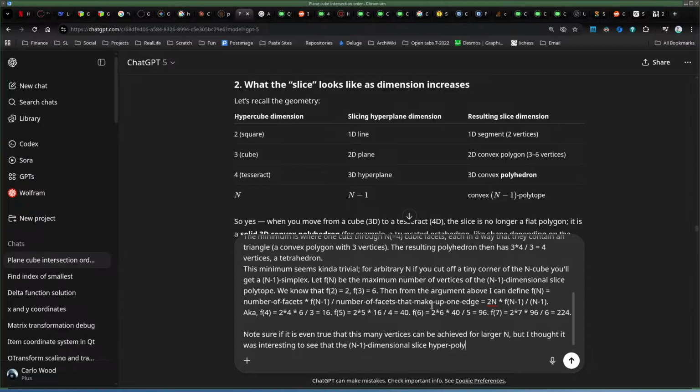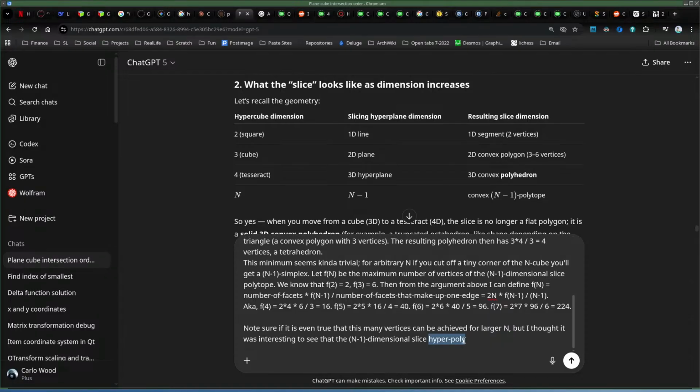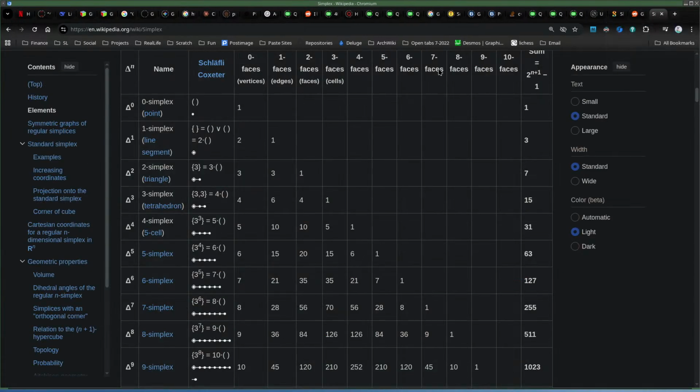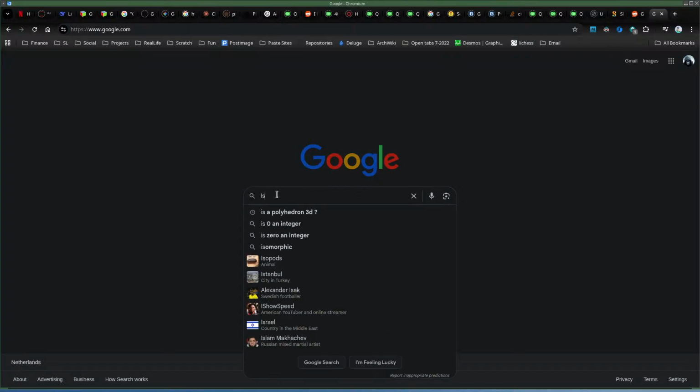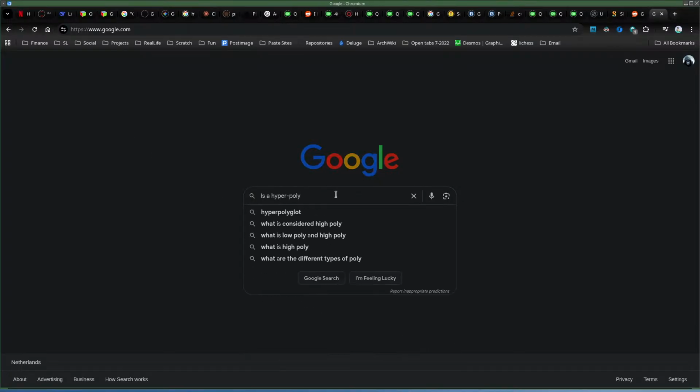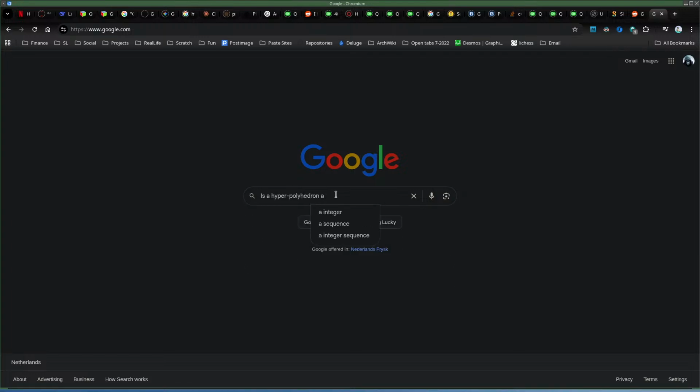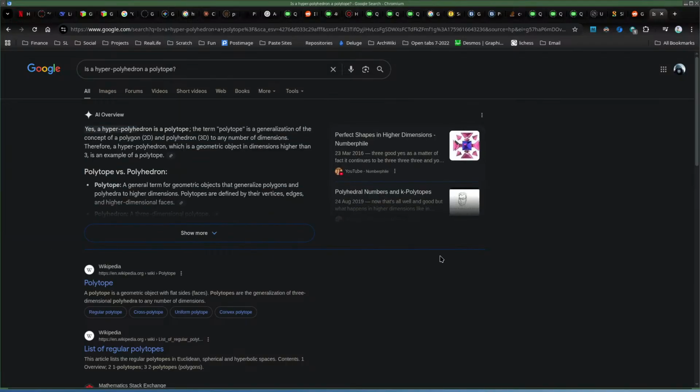There's a hyperpolyhedron. Is that a polytope? Yes, says the AI.